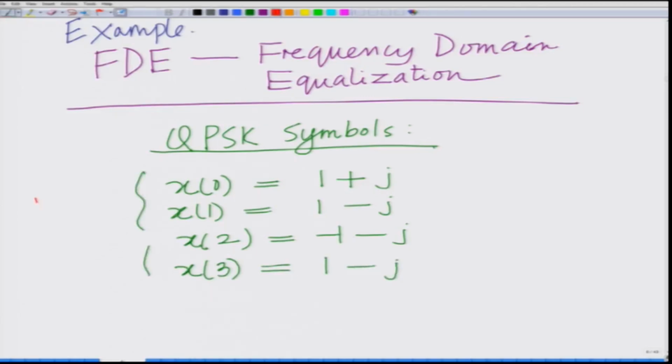These are your N equals 4 symbols, and these are QPSK symbols.